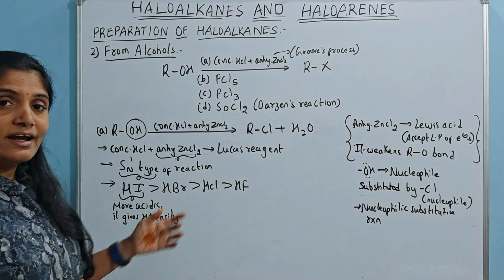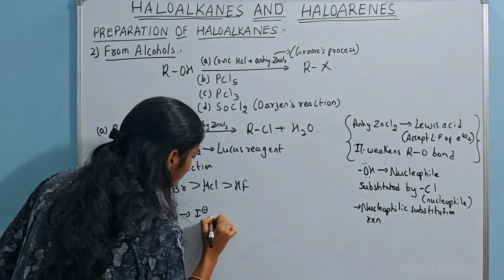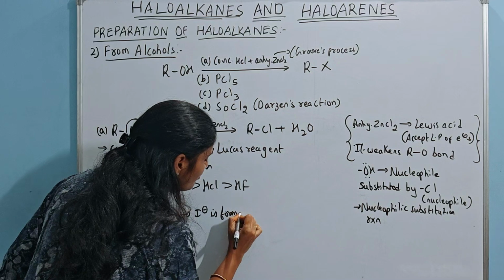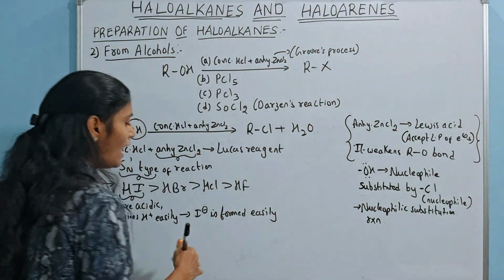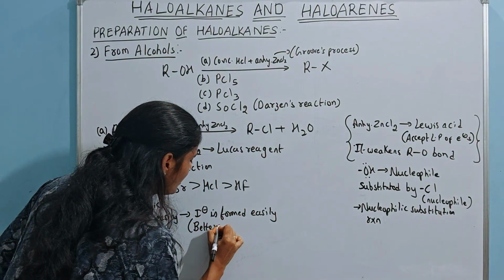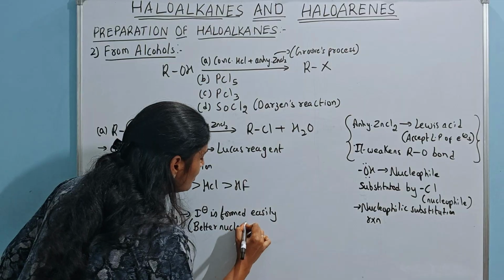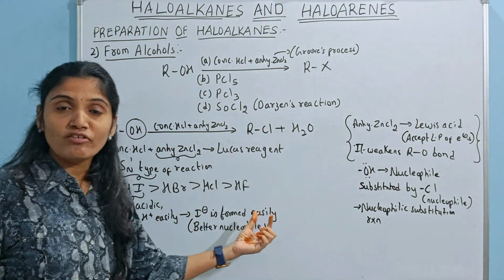Now when it is more acidic and gives H plus easily, what happens? I minus is formed easily, and I minus is a better nucleophile compared to Br minus, Cl minus and F minus.